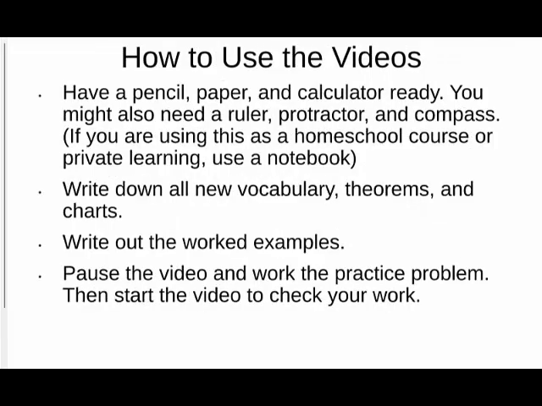So how you should use the videos. Have a pencil, paper, and calculator ready at hand, so when you're doing it, you can do all the work. You might also need a ruler, protractor, and compass. Those you probably won't need for right now. For certain chapters, you might. Chapter 4 has a few sections where you might want them, and then not until chapter 12 again, really.